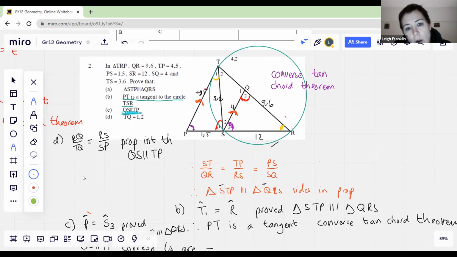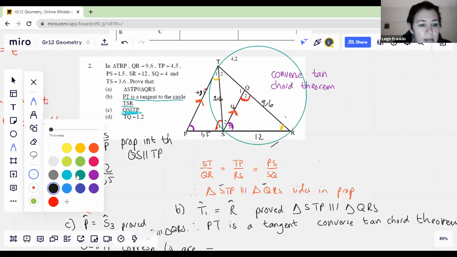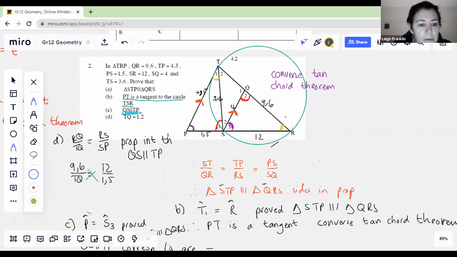Okay, so RQ is 9,6, yes? TQ is in the denominator. RS is 12. What are we looking for? SP is 1,5.